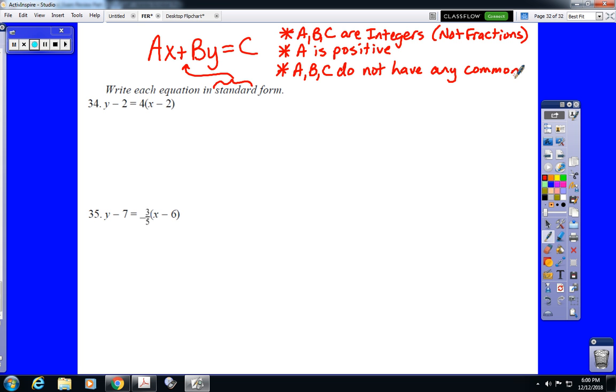Now that's other than 1, because obviously they're all going to be divisible by 1. But for instance, if they're all even, you would need to divide by 2 because they're all divisible by 2.